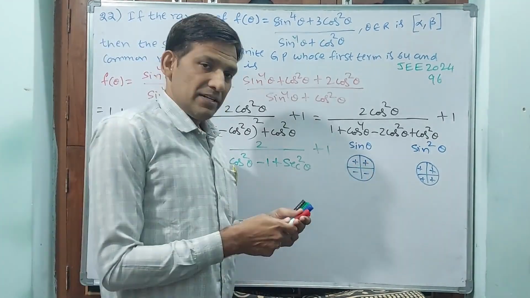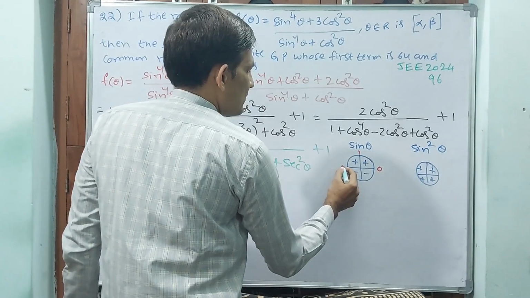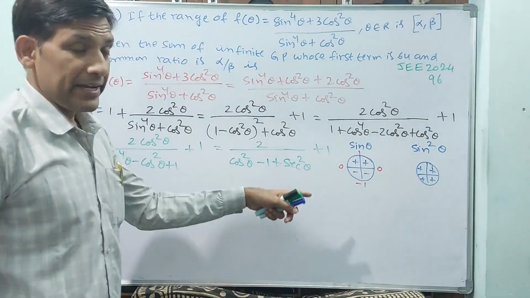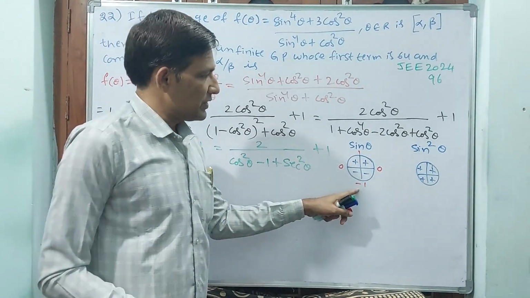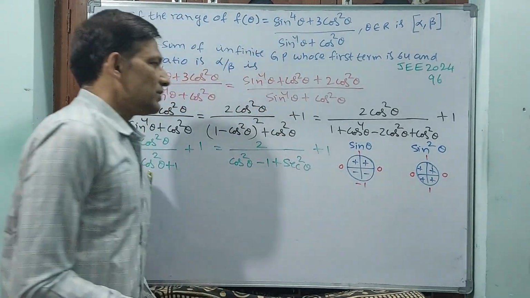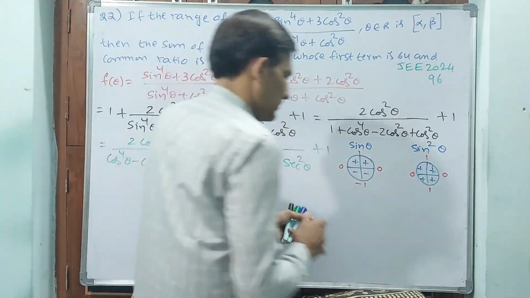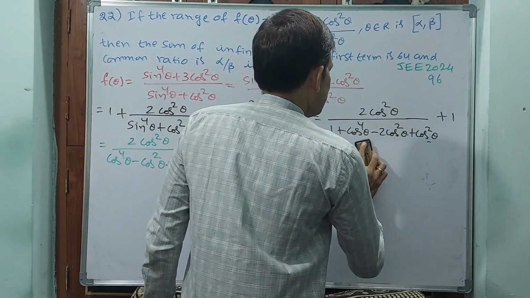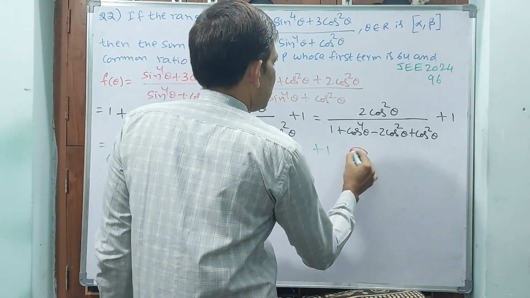Why? Because sin theta takes values plus 0, 1, 0, minus 1. When you square, automatically this negative is also going to become positive and this is also positive. 1, 1, 0, 0. This is the case for sine. Now we want cos and secant, cos theta and secant theta.